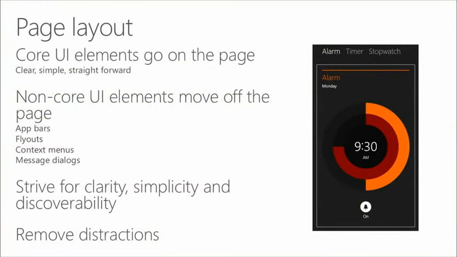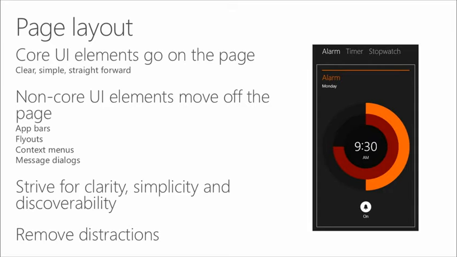So now that I've got this well-structured layout and I'm thinking about the grid and silhouette and the impact of touch on ergonomics, the next thing I need to think about is commanding. We've been talking about commanding over the first few sessions, about the balance between a core scenario and a non-core scenario. So let's dive into that and think about page layout. Core UI elements, put those on the page. Make your app clear and simple and as straightforward as possible.